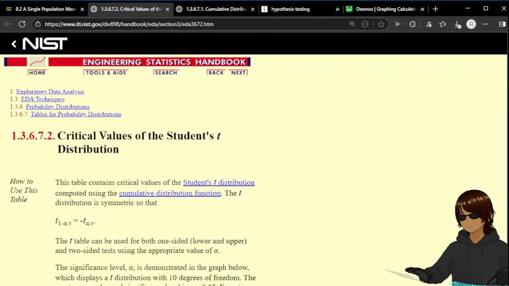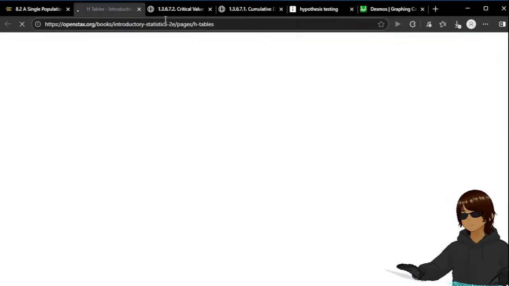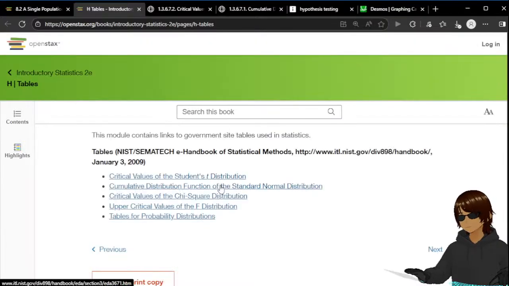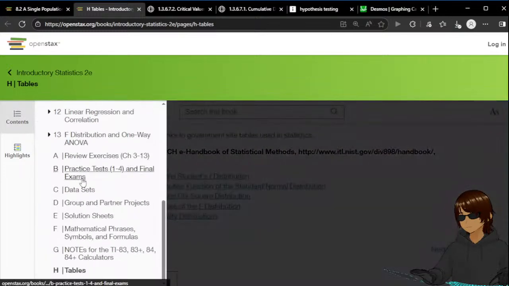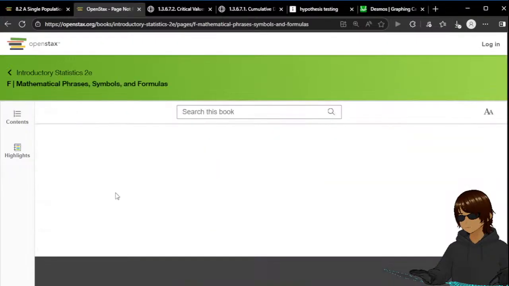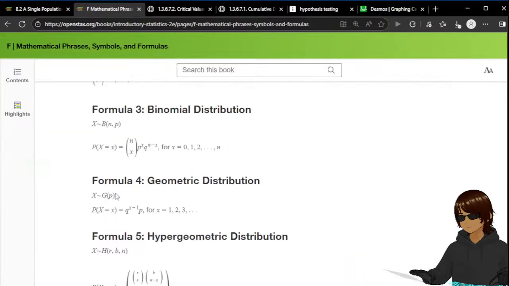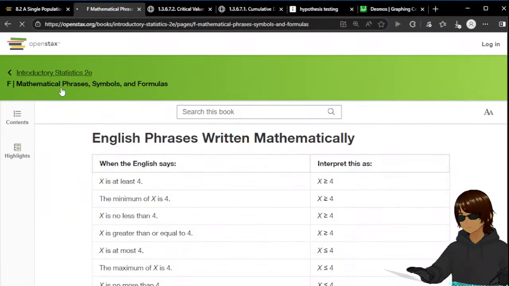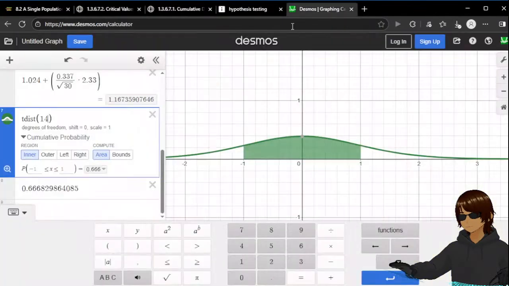Wait, let me see if there is another table. No, I don't think they have it.